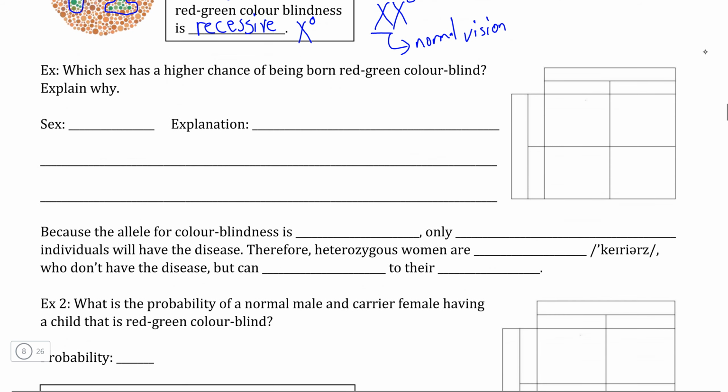So now that we have a little bit of background, we can answer a couple of questions here. Firstly, we can answer which sex has a higher chance of being born with red-green color blindness. And what we can do is a rather simple experiment.